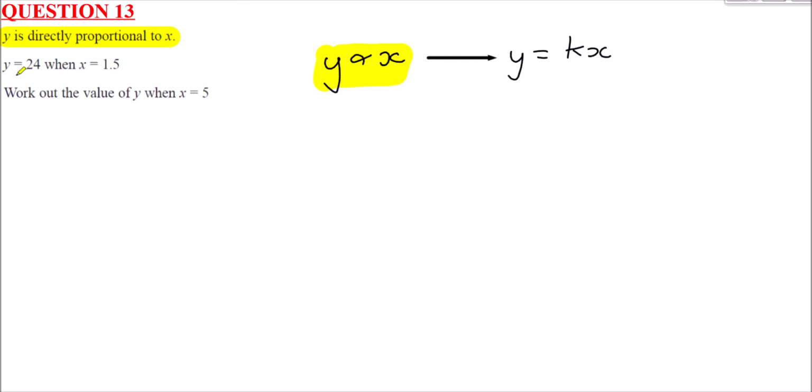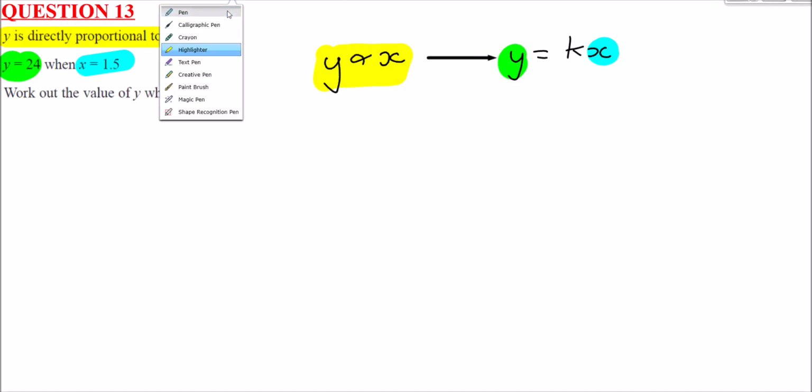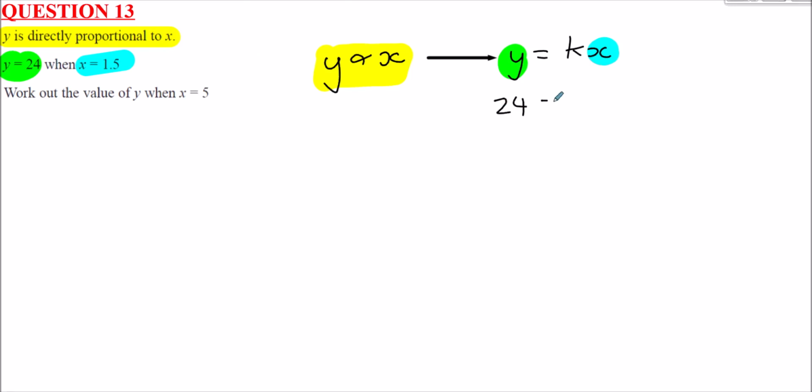We then substitute in the values we know. We know when y is 24, x happens to be 1.5. If we substitute these values in, we can work out the value of k. So y is 24, which is the same as k multiplied by 1.5.